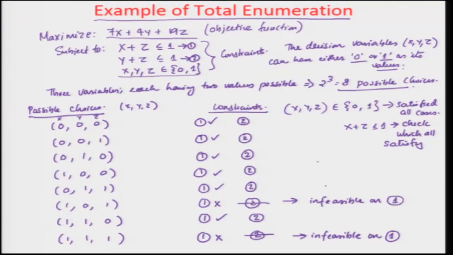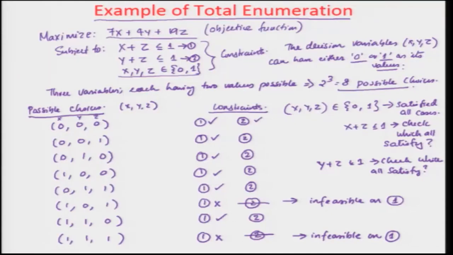Now, let us look at the second constraint, which says y plus z less than or equal to 1. This is the check of which all satisfy. So, y plus z less than or equal to 1: 0 less than or equal to 1, this satisfies.